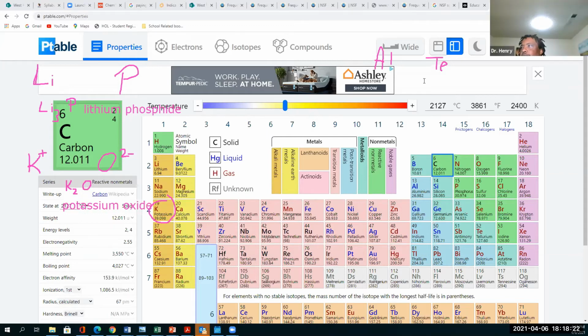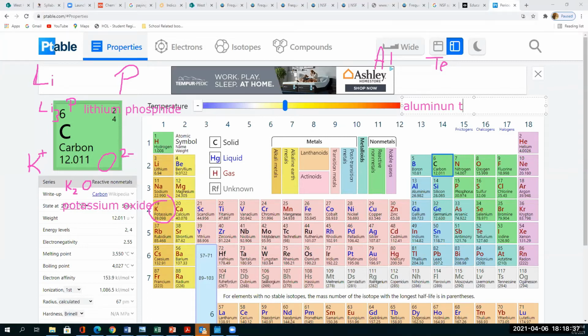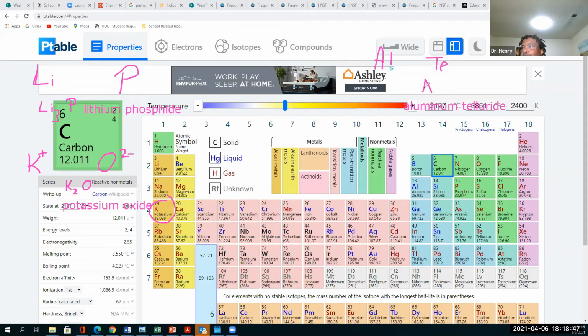Okay, and the last one. It would be aluminum telluride. Aluminum is +3. I have 2 aluminum and 3 tellurium.